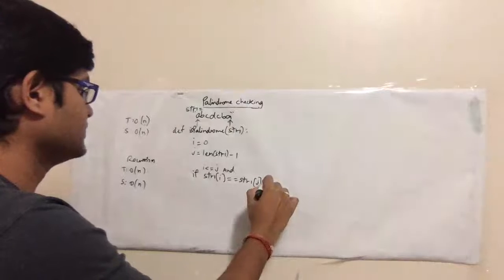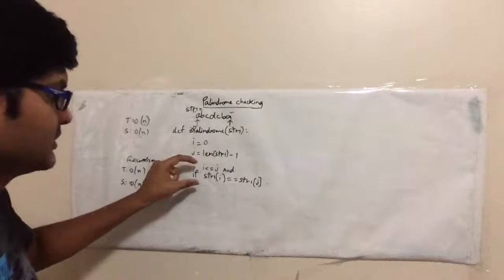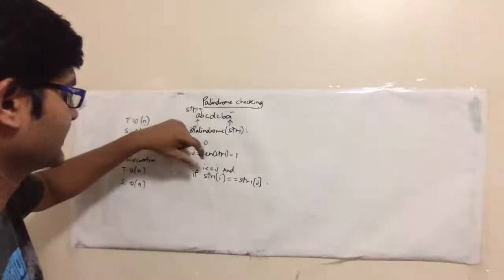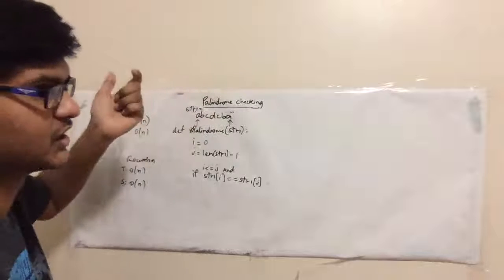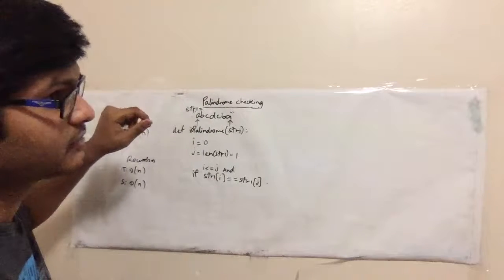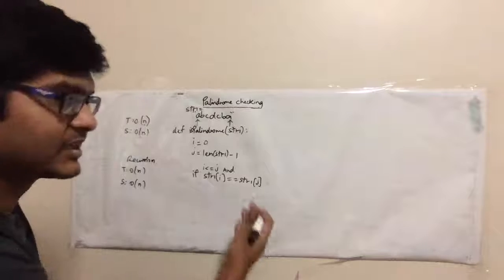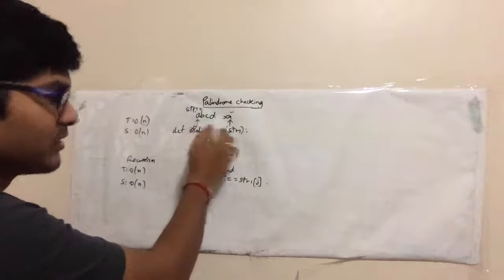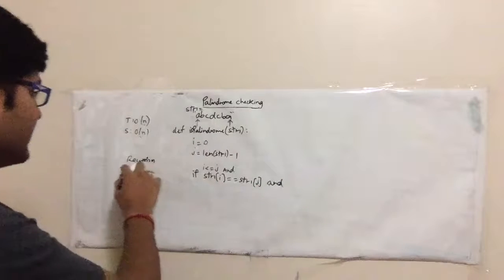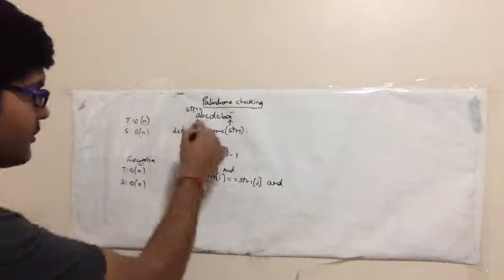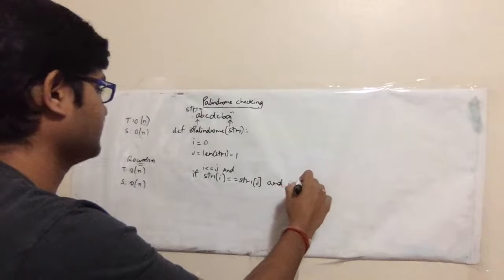And we still need to make additions to this condition, i less than or equal to j, and we are checking the first and last character, and we need to call the next, incrementing i by 1, isn't it? And as this is a recursion, we will just call this function again, isPalindrome.